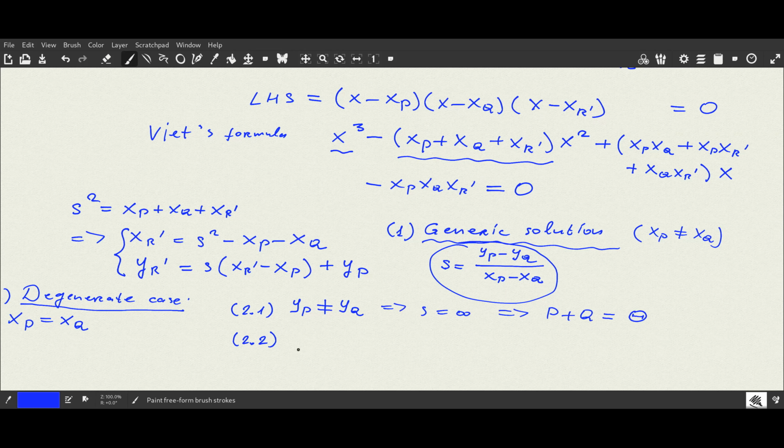But a completely different situation occurs if yp equals yq. That's case 2.2, xp equals xq, yp equals yq. Therefore, p and q are the same, right?